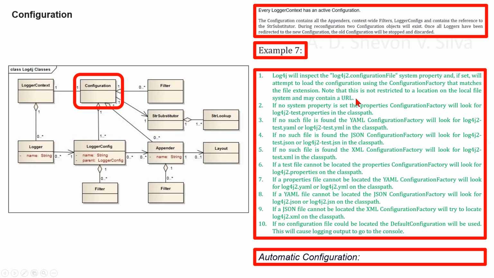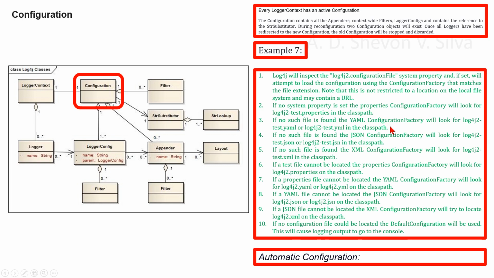Note that this is not restricted to a location on the local file system and may contain a URL. Step 2. If no system property is set, the properties configuration factory will look for log4j2-test.properties in the class path.